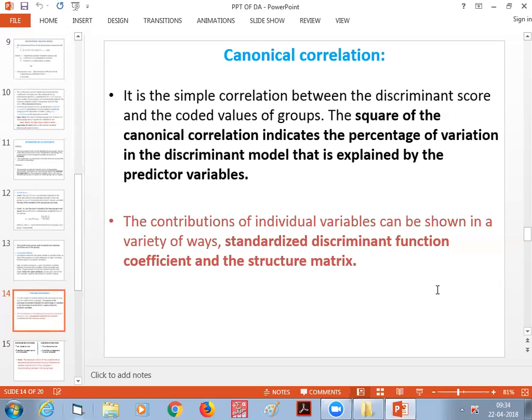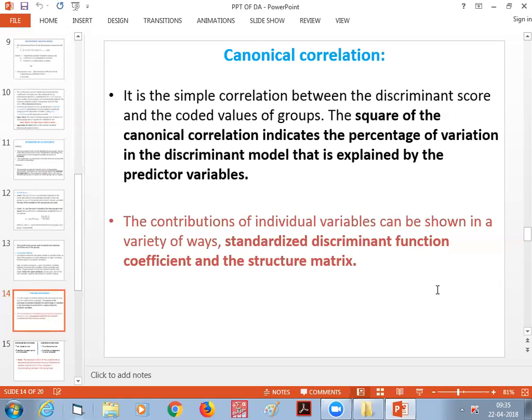So that work here in the discriminant model will be done by this canonical correlation. Once you find the canonical correlation, you have to square that value. After squaring, you interpret it in a similar way like R squared.